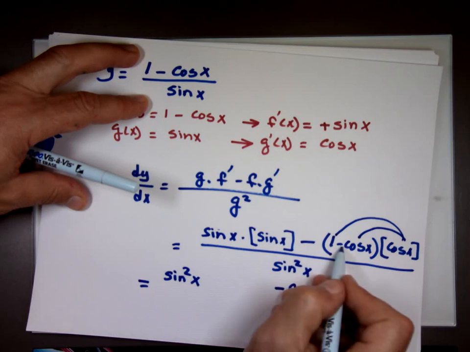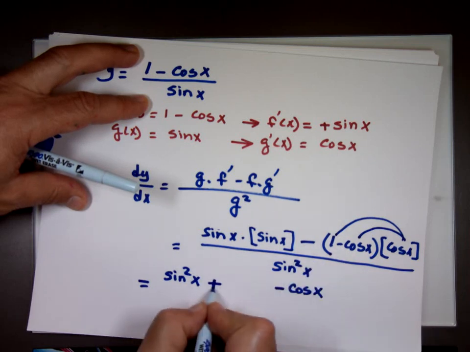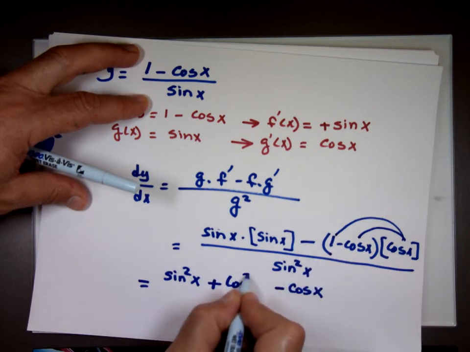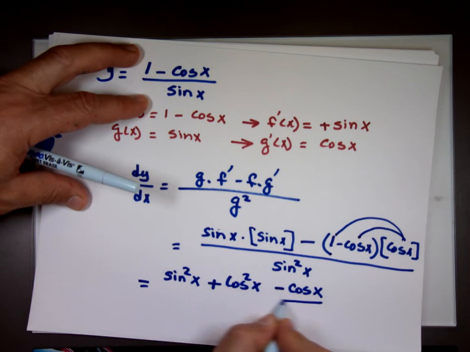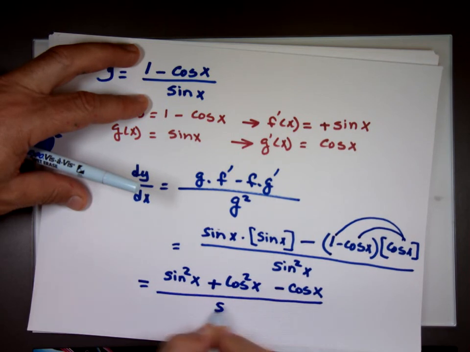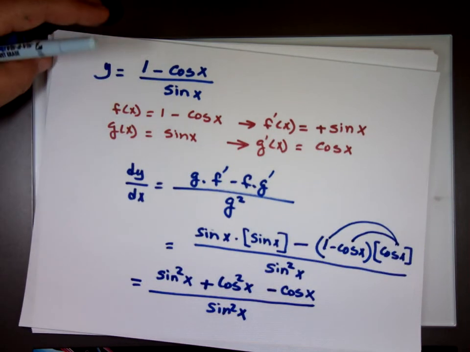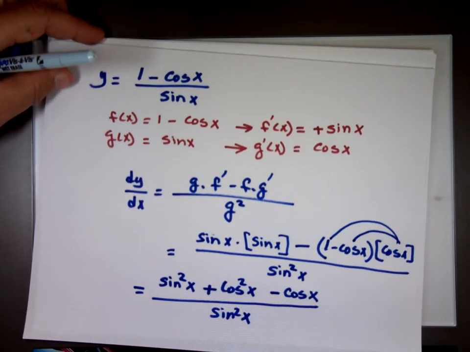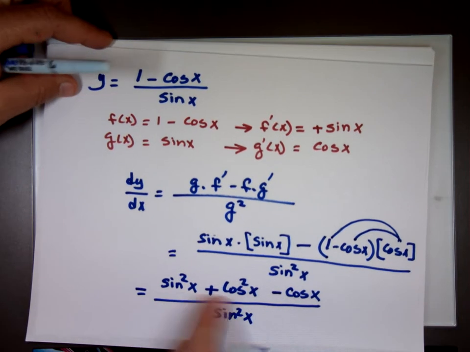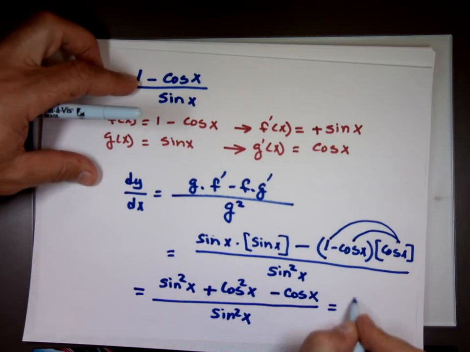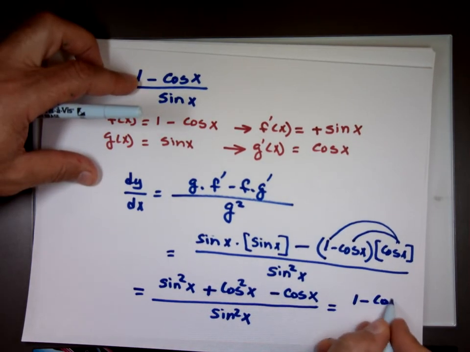That'll make it what? Positive cosine squared x. What's sine squared plus cosine squared? So my answer is 1 minus cosine of x over what? Sine squared x.